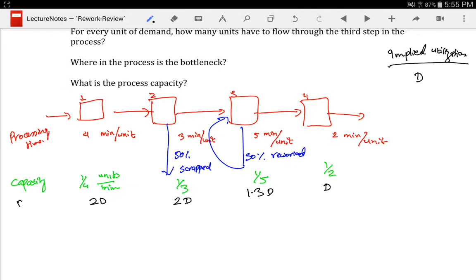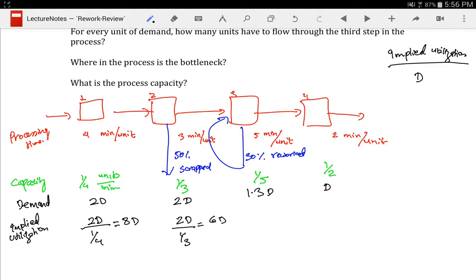After we have that, so this is demand. Now we calculate implied utilization. The formula for implied utilization is demand over capacity. Demand is 2D divided by the capacity 1/4. This is 8D. Demand is 2D divided by the capacity of 1/3.